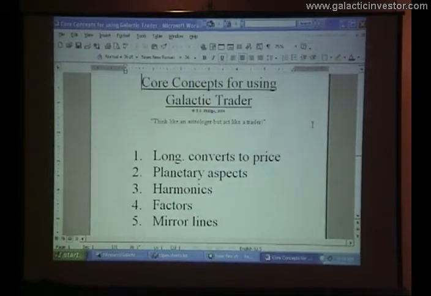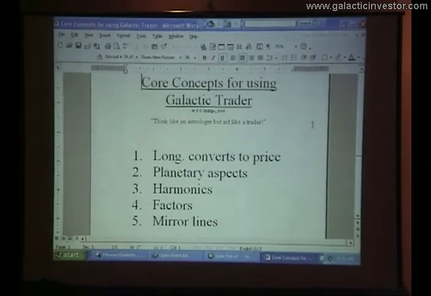And I trade myself, longer term and shorter term. I also teach for Galactic Trader. I got involved with Galactic Trader, it's now been 2 or 3 years since Thomas and Jeannie retired. And I love Galactic Trader. I love this stuff. I love astrology, and that'll probably come out over the next couple days.